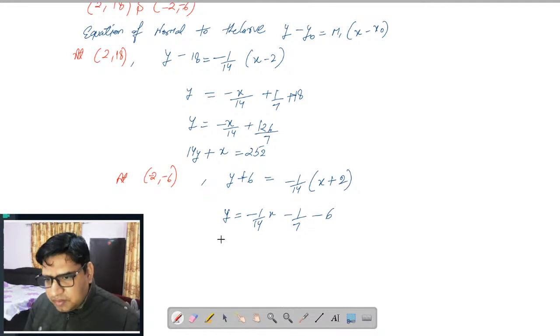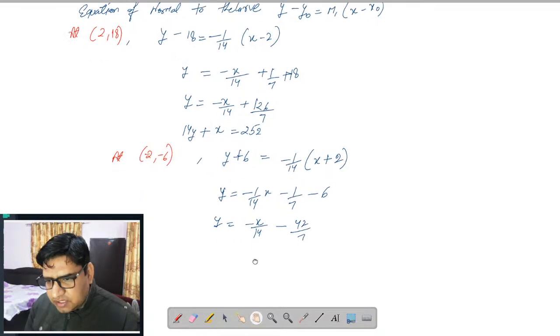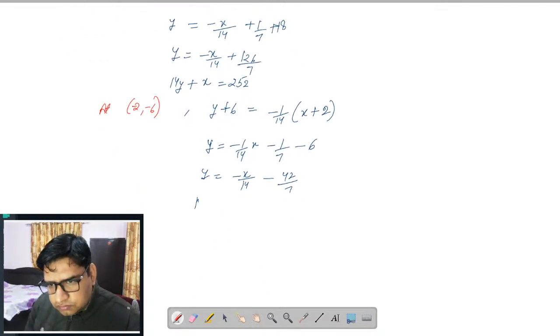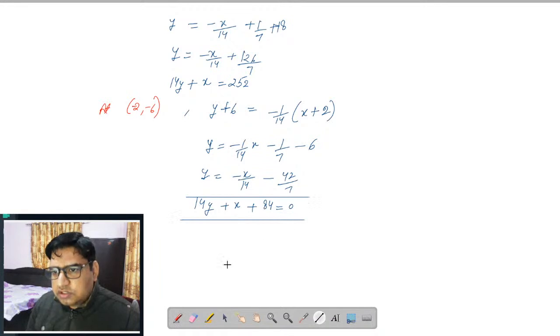Okay, and that will be y is equal to minus x upon 14 minus 42 upon 7. Okay, and that will result into 14y plus x plus 84 is equal to 0. So these are the two equations of normal to the curve.